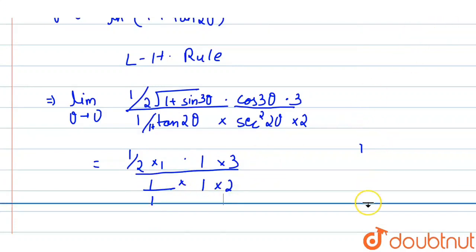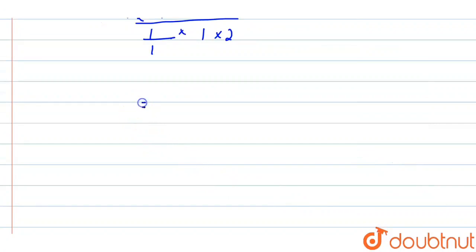Therefore we get 3 by 2 divided by 2, which is 3 by 4. Therefore this is the answer of our second limit, 3 by 4.